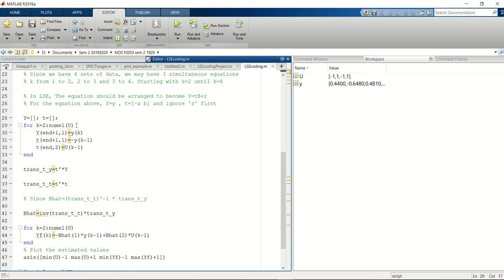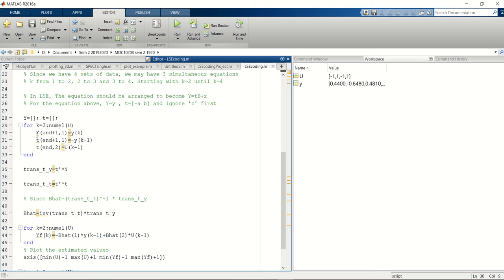Remember just now our k is 2, 3 and 4, from the problem just now. Okay, so we have the sets 1 2, 2 3 and 3 4, right? So the value of k is 2 and then 3, and then 4.